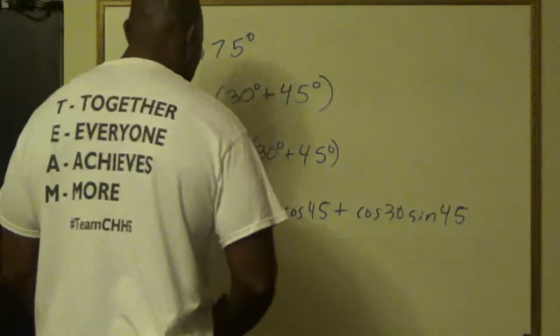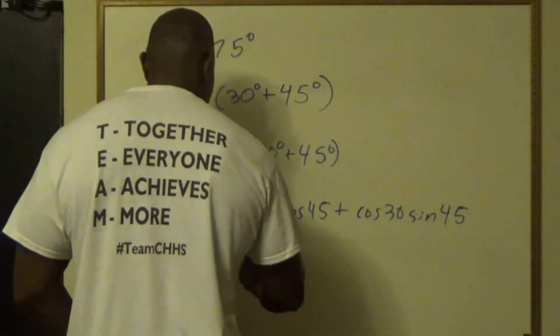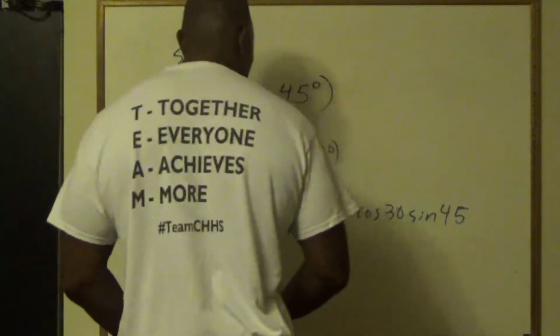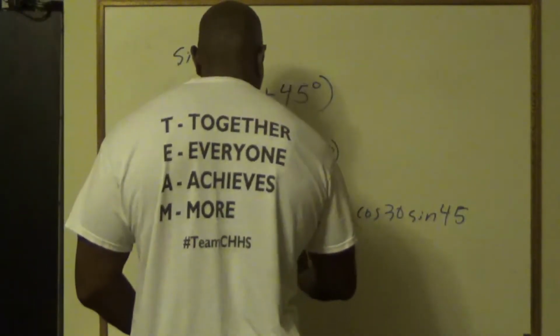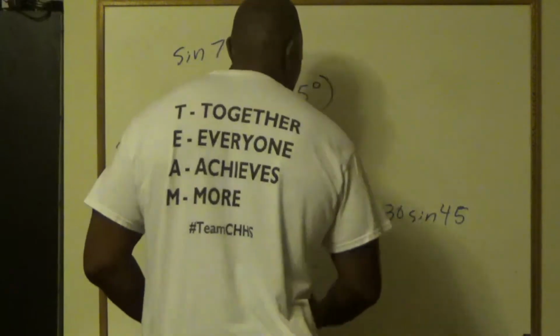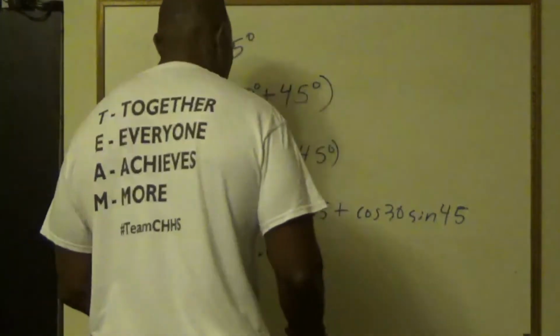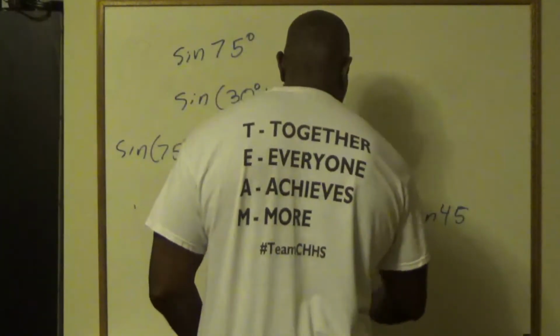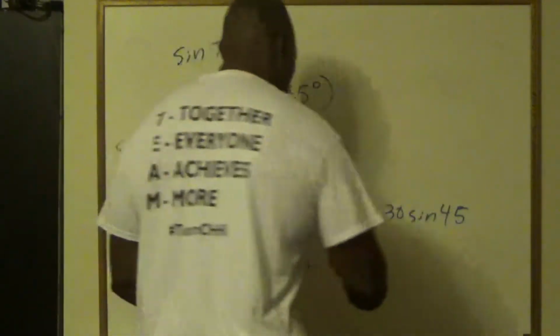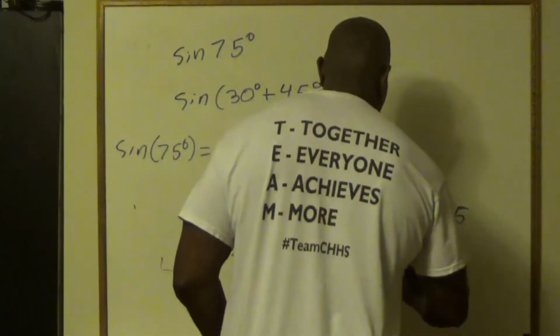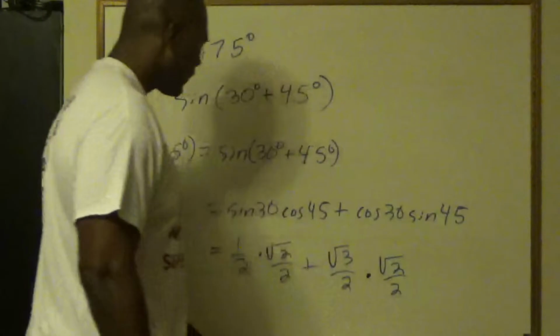So the sine of 30 is 1/2. The cosine of 45 is the square root of 2 over 2. The cosine of 30 is the square root of 3 over 2. And the sine of 45 is the square root of 2 over 2.